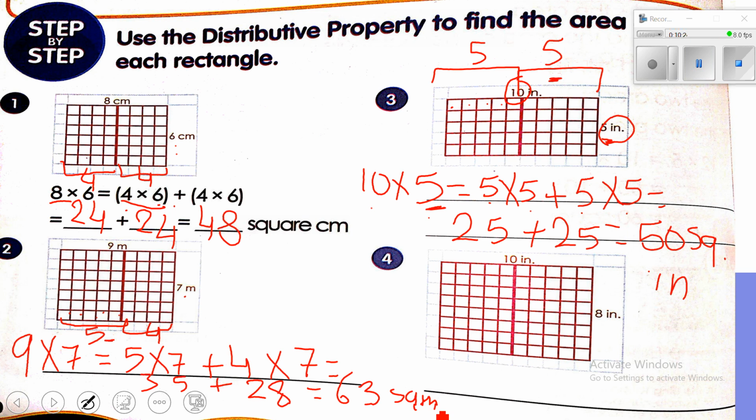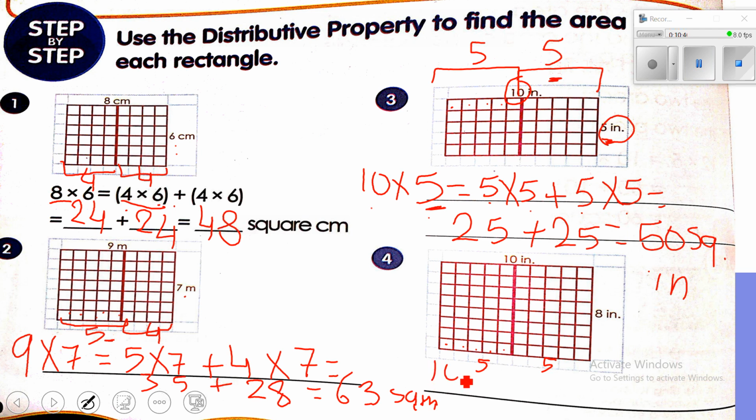And also for here, let's count the parts. Here is 1, 2, 3, 4, 5. And for sure we have 5 on the other hand. So I start from the beginning.